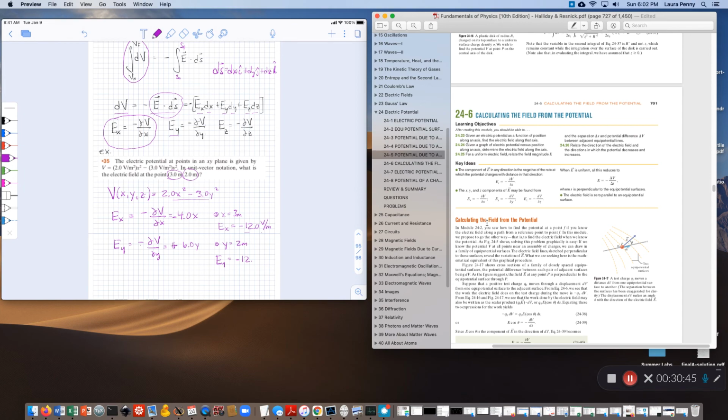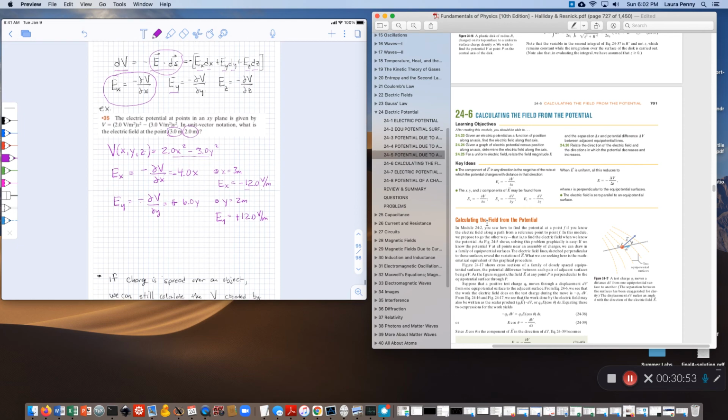I have a negative times a negative. So this is a positive 12 volts per meter. And then E sub z is the partial with respect to z. Well, there isn't anything. It's a constant with respect to z. And so my electric field at x equals 3 meters and y equals 2 meters is negative 12 volts per meter in the i hat direction and positive 12 volts per meter in the j hat direction.